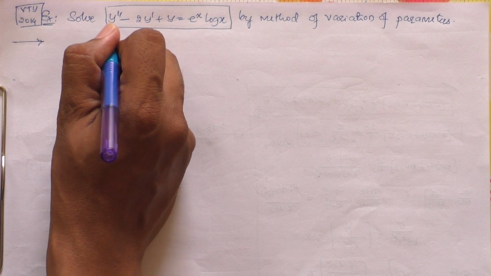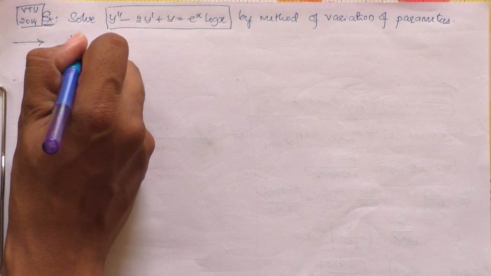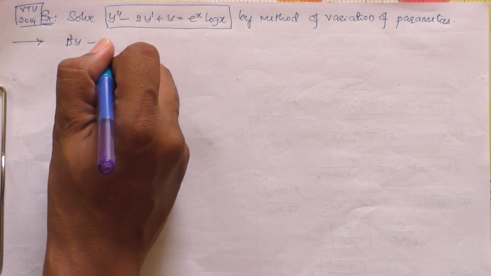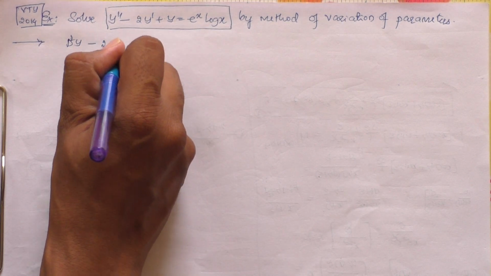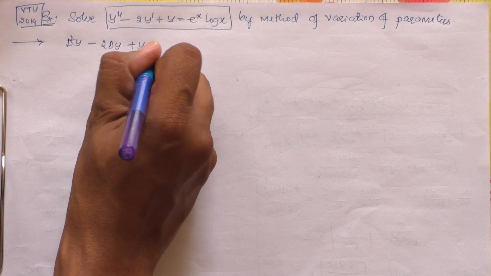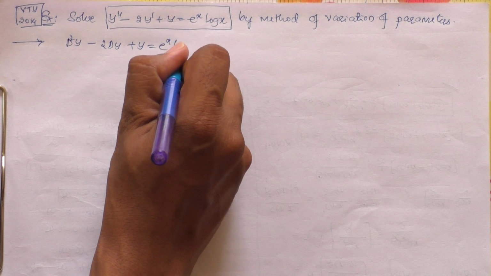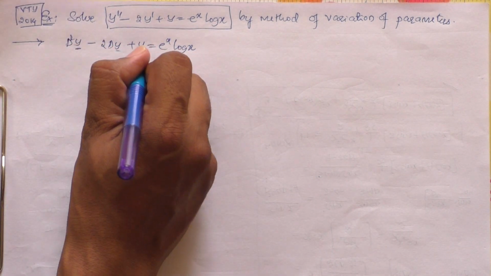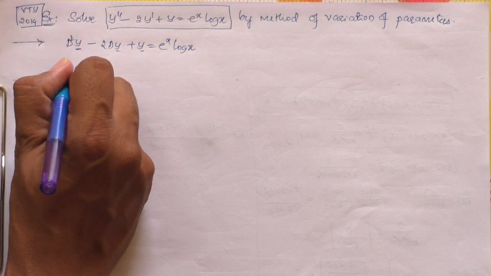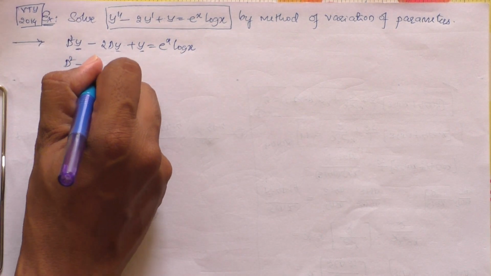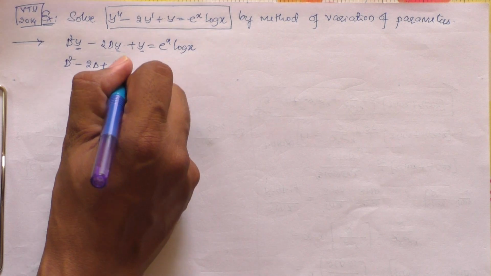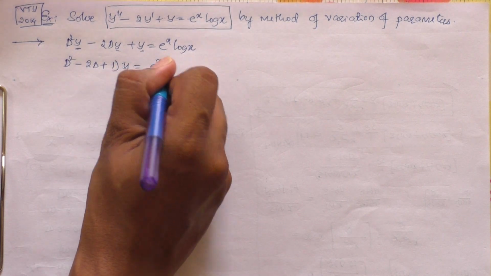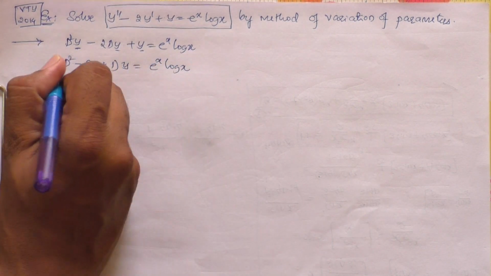Here y double dash means d square y, minus 2y dash means dy, plus y equal to e raised to x log x. Throughout, y is common, so if you take y common it can be written as d square minus 2d plus 1 into y equal to e raised to x log x.